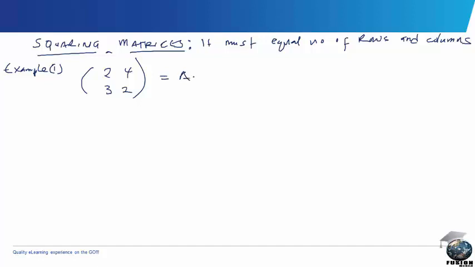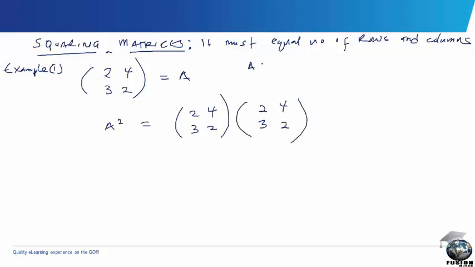If we say this matrix is matrix A, therefore A squared will be equal to 2 4 3 2 times 2 4 3 2, which is also as good as saying squaring this. The same thing that happens with matrix multiplication, row goes to column.